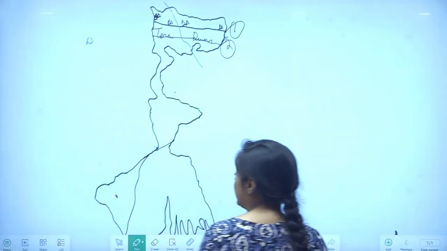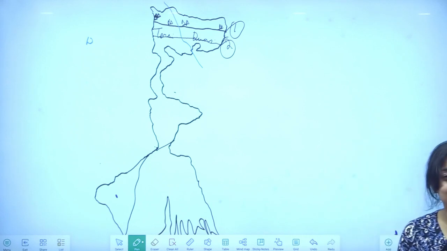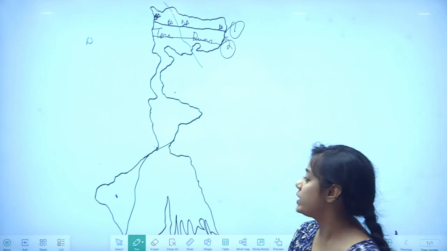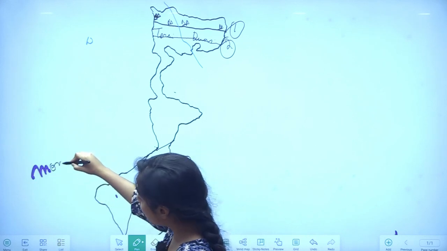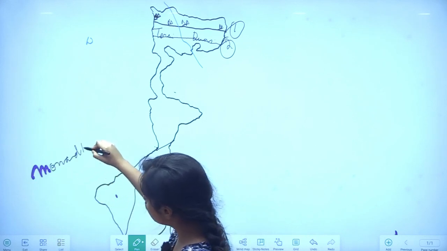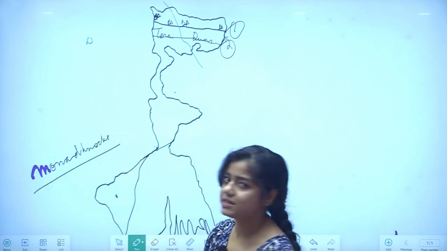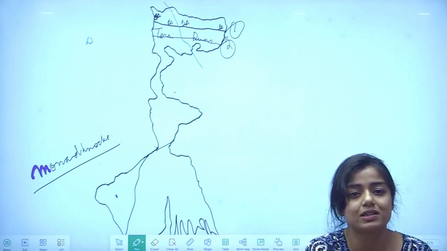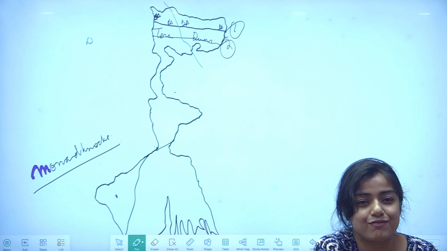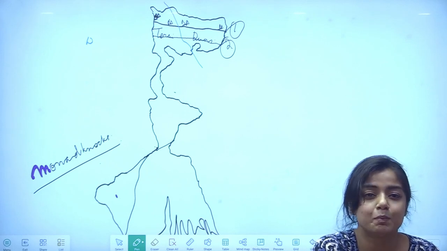In this area, a very interesting landform is found, which is known as monadnocks. Monadnocks are generally residual hills, the leftover landform that is formed after the river cycle of erosion is completed.